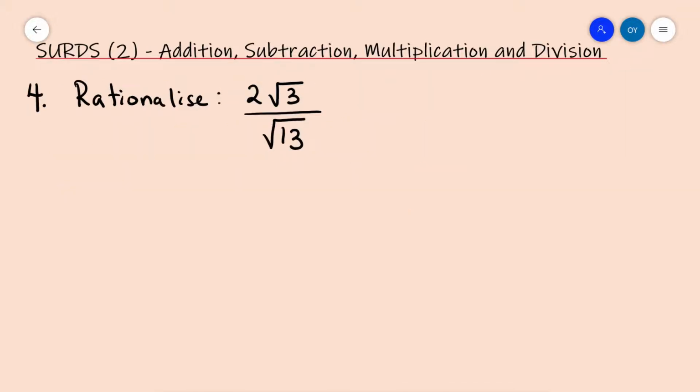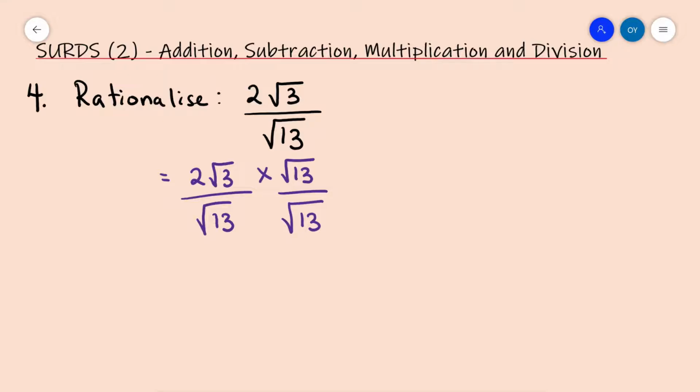So here, remember we always rationalize the denominator. So we have 2 root 3 divide root 13. Then you multiply both the numerator and the denominator by root 13. That is how to rationalize.